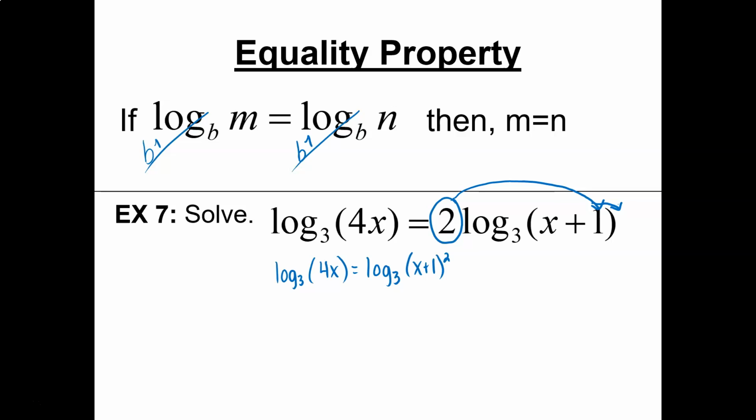And now, everything on the left side is inside of our logarithm. Everything on the right side is inside of our logarithm. So we could just drop those logarithms. Essentially, what you're doing is 3 to that power on both sides, which cancels those logarithms out. So, now we've got 4x equals x plus 1 squared.